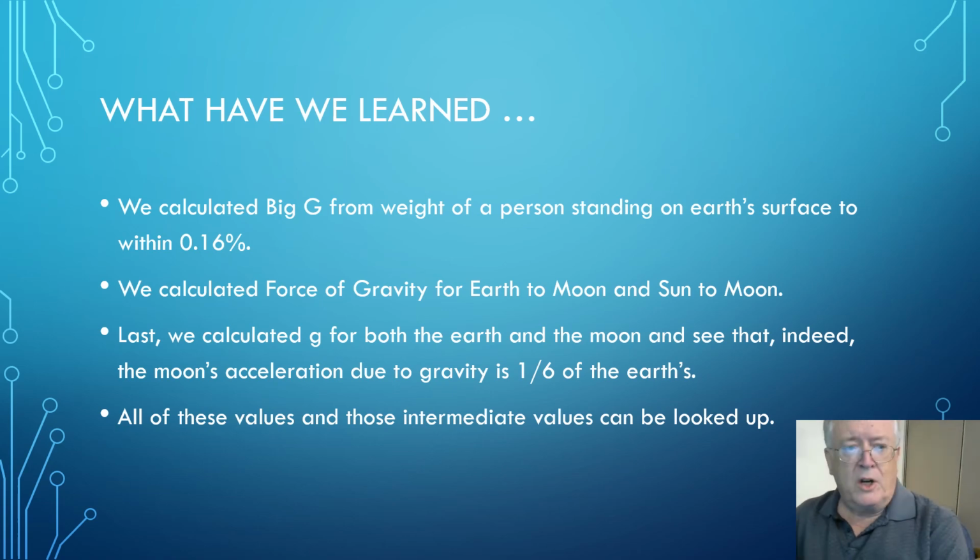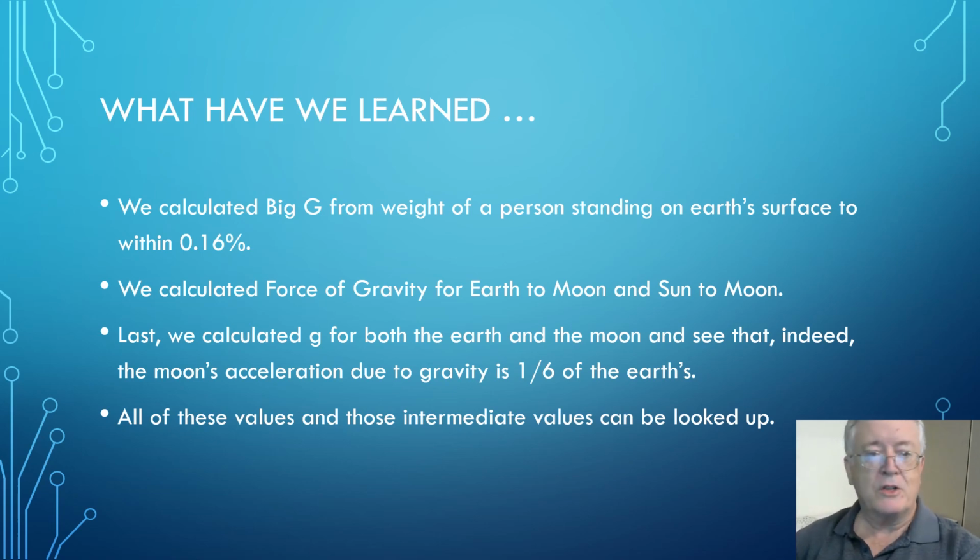So what did we learn today? We calculated big G from the weight of a person standing on the Earth's surface to within 0.16%. We calculated the force of gravity for Earth to the moon and for the sun to the moon. Last, we calculated little g for both the Earth and the Moon, and we see that indeed the Moon's acceleration due to gravity is 1/6 of the Earth's.